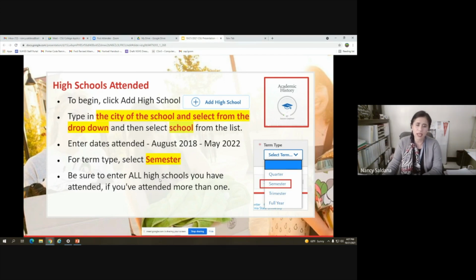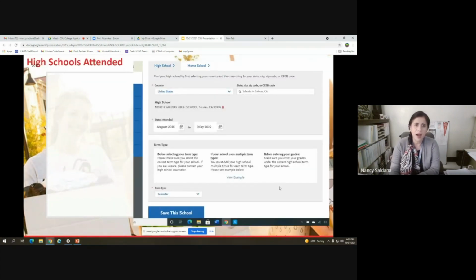Okay, so make sure again that you identify all of the schools that you've attended. And term type, again, you're going to need to select the term for that particular school. And again, the majority of the schools follow a semester type. High school attendance, again, this is how it's going to look.